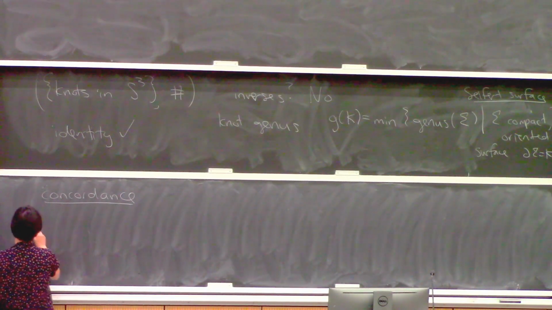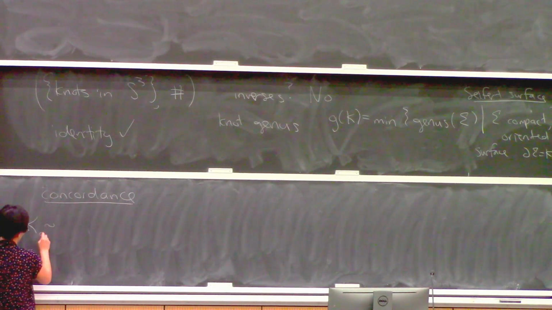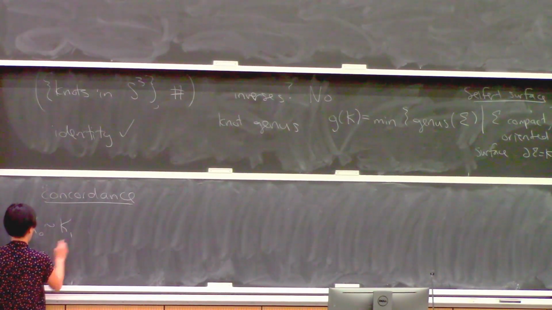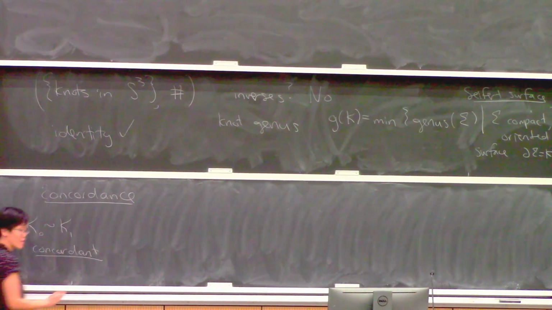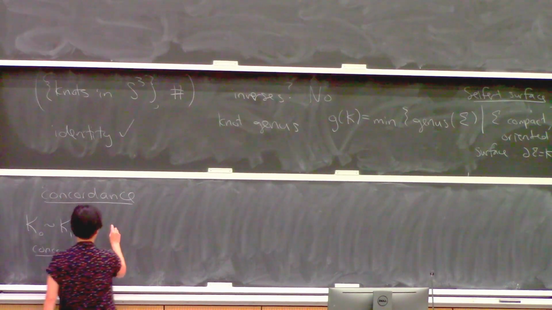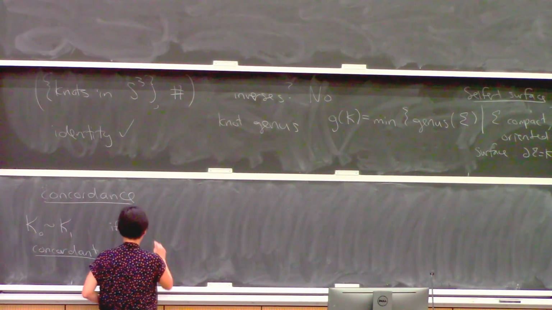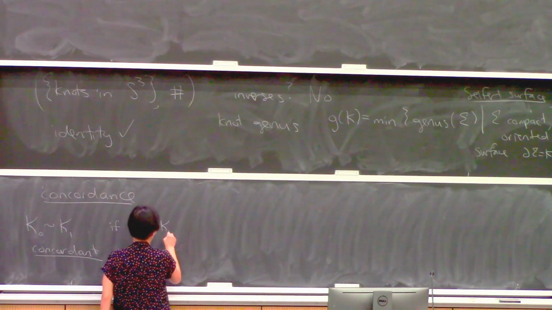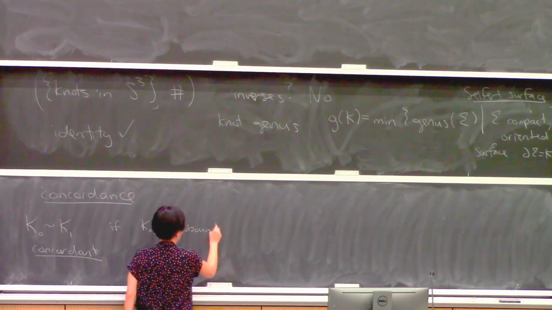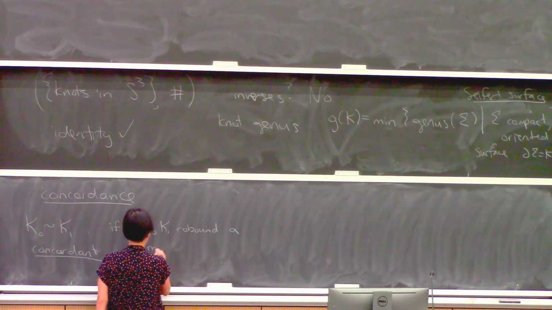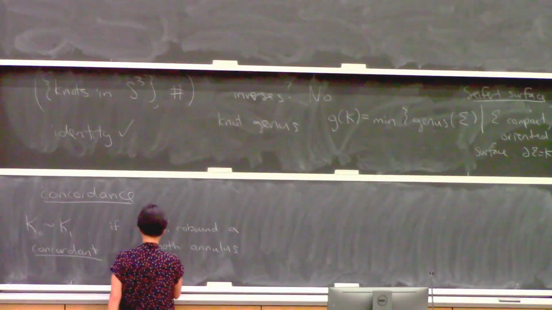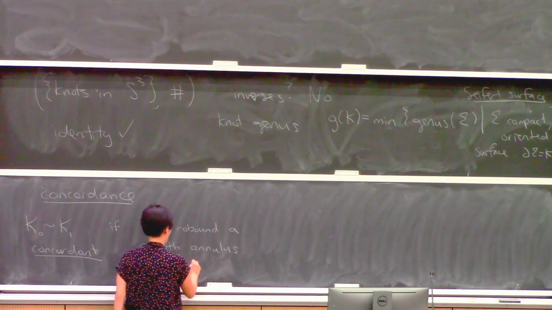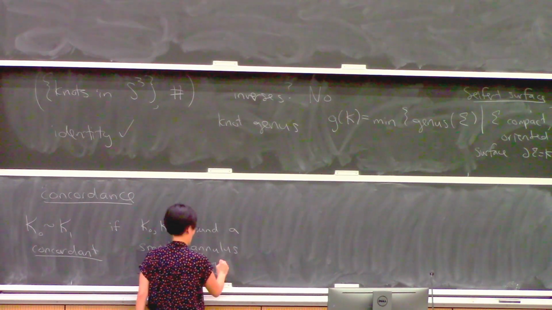Okay, so we'll say that two knots, K1 and K naught, are concordant if K naught and K1 co-bound a smooth annulus in S3 cross the unit interval. So what do I mean by that?